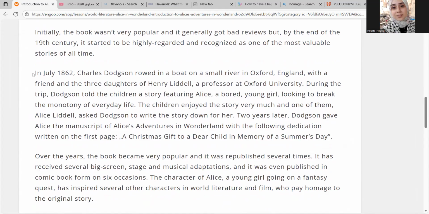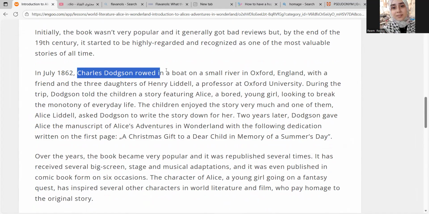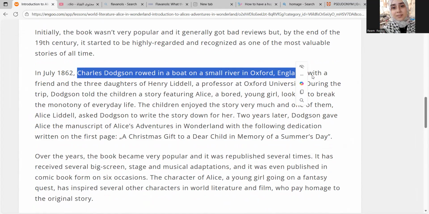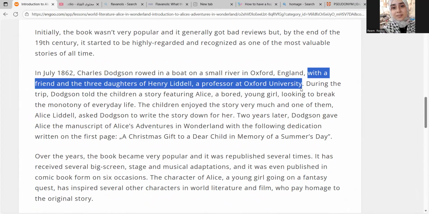Let's see. In July 1862, Charles Dodgson rode in a boat on a small river in Oxford, England, with a friend and the three daughters of Henry Liddell, a professor at Oxford University.